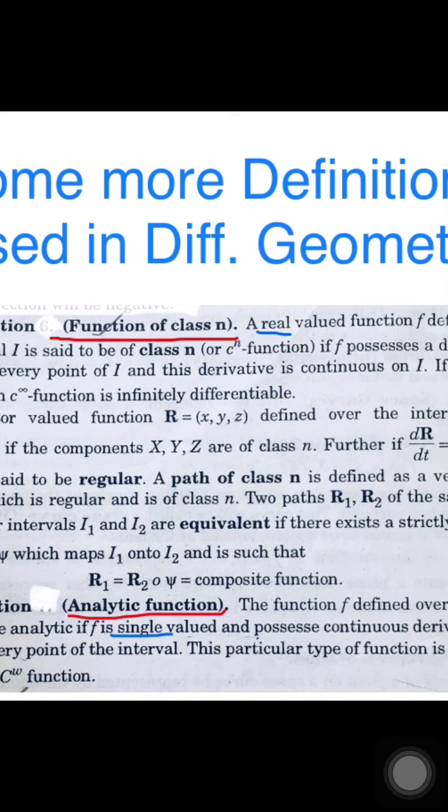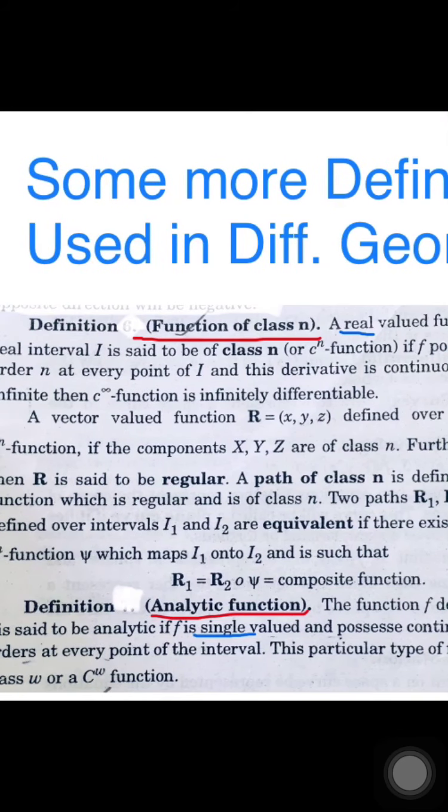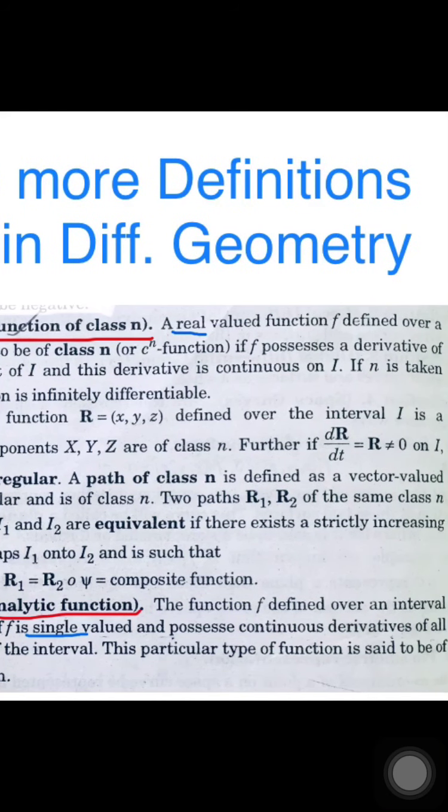Further, if dr by dt, the differentiation with respect to t, is not equal to 0 on I, then r is said to be regular. This is the definition of regular.